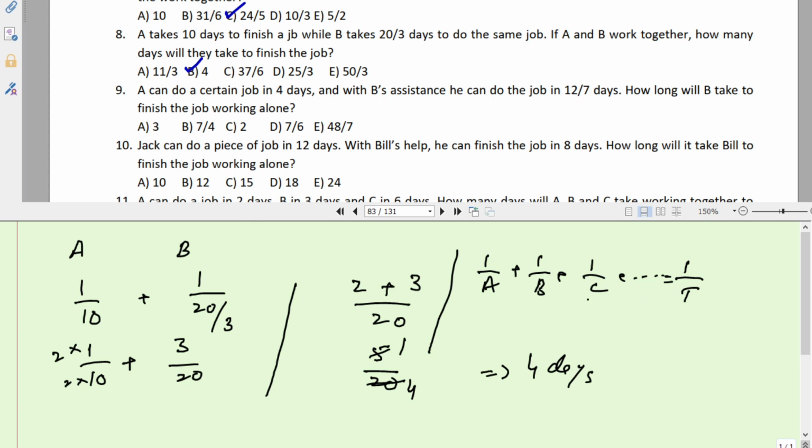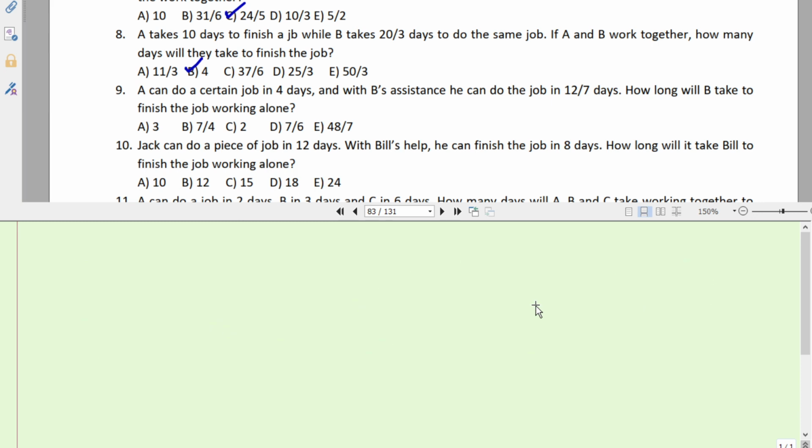So it's like this. This formula I just told you, we'll use this formula if you want to. It's like this: 1 over A alone, 1 over B alone, and they are working together. The question says that A is taking 4 days and together they are taking 12 over 7 days.